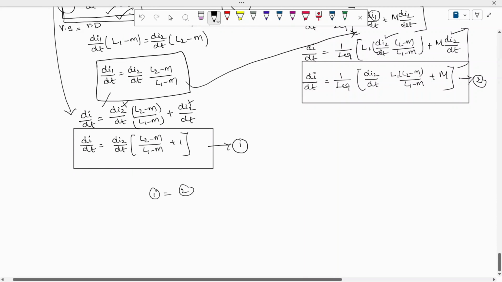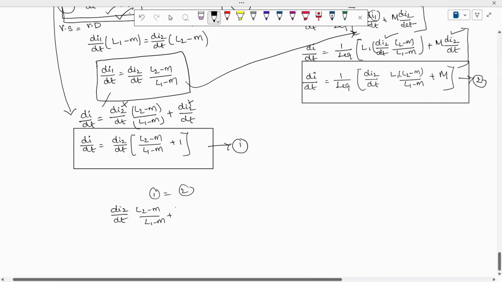Therefore we are going to get the formula for the parallel connection of inductance. So here we are substituting each other. So di2 divided by dt into L2 minus M divided by L1 minus M plus 1.